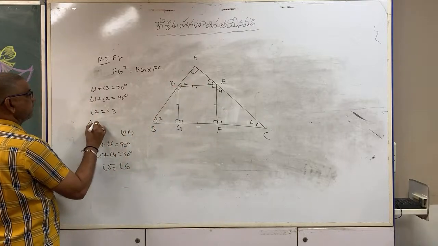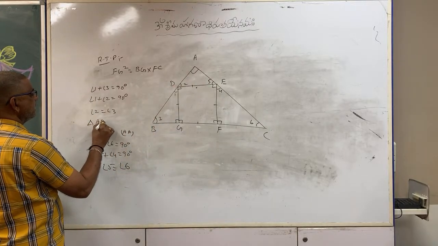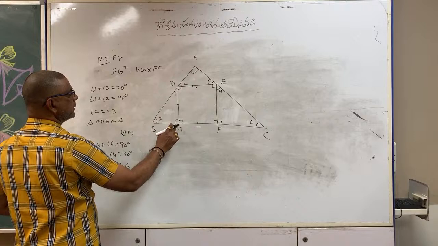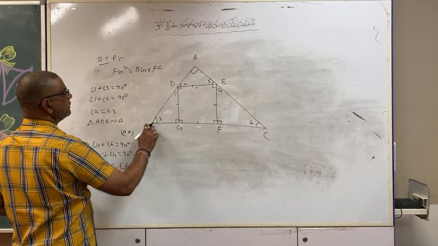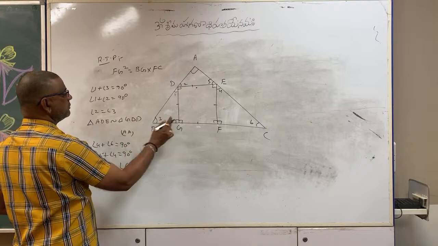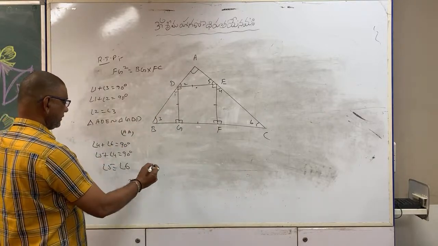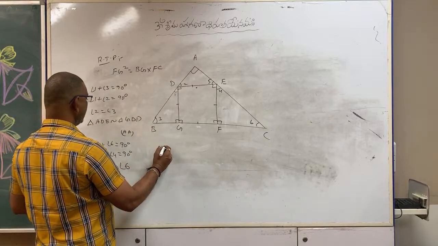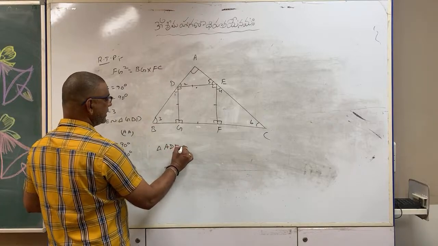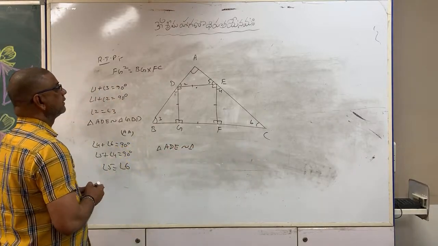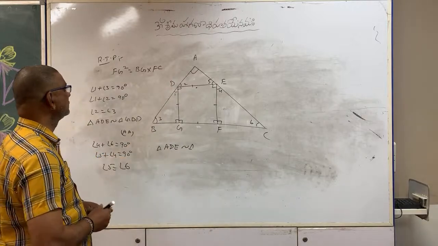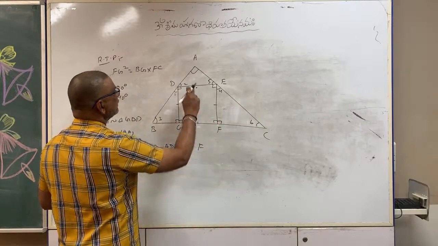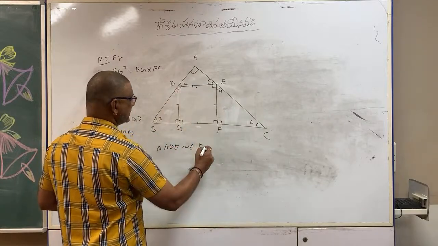Triangle ADE is similar to triangle GBD. Next, same triangle ADE is similar to FEC.